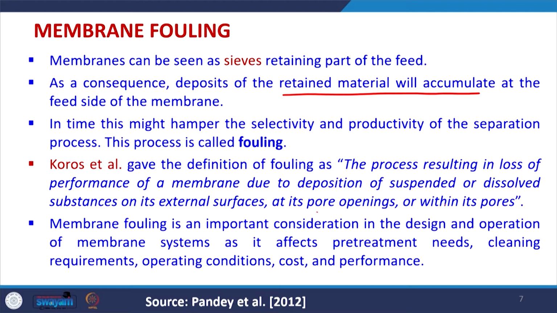This is called fouling, and it is one of the most important considerations in the design and operation of membrane systems, because membrane fouling depends upon the concentration of pollutants in the feed stream.